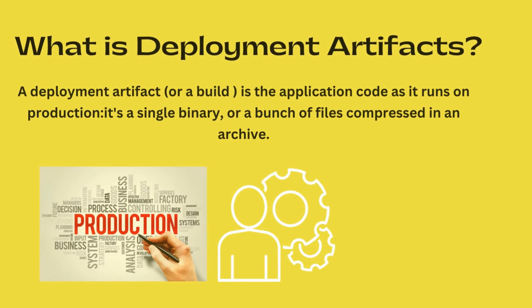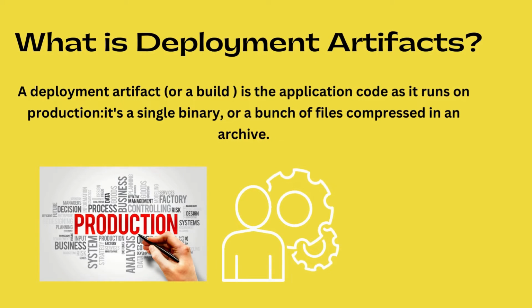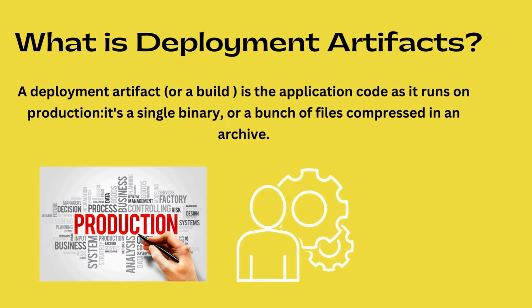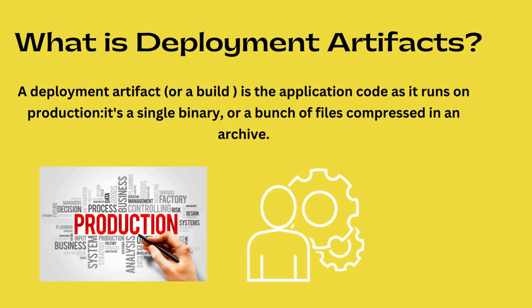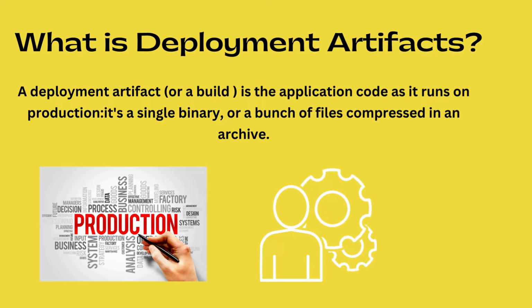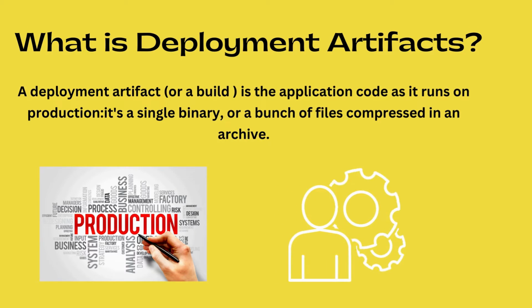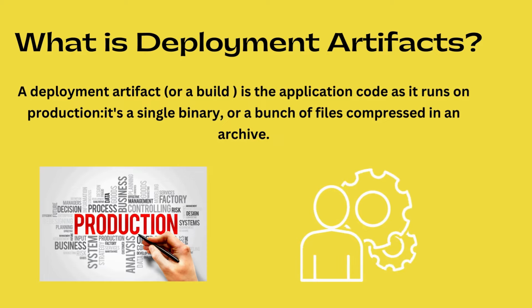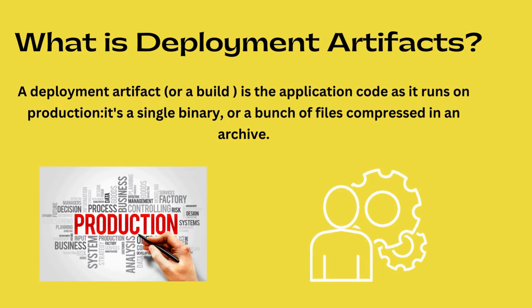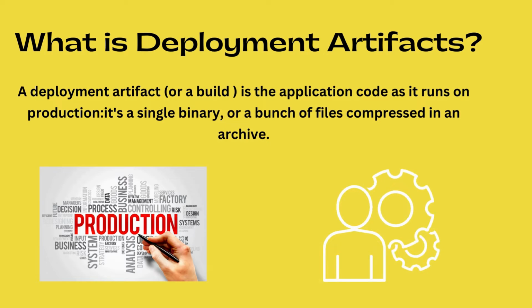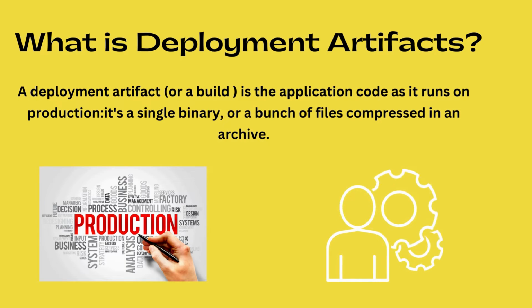Now what are deployment artifacts? Deployment artifacts are also called the build. It is the application code as it runs in production. It's a single binary file or a bunch of files compressed in an archive folder. So it can be a war file or a package or a single binary file that runs in the production environment.